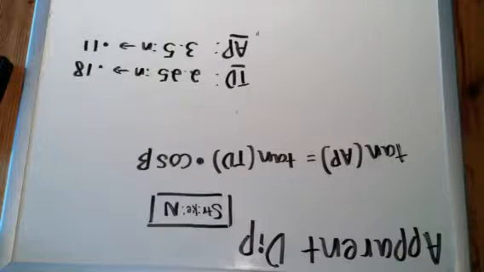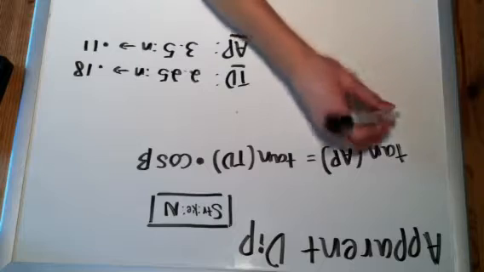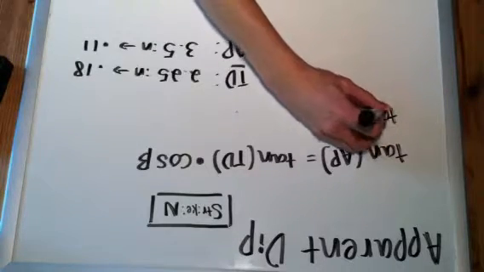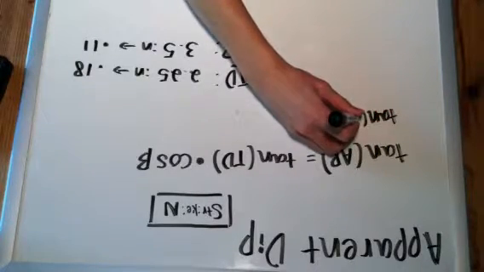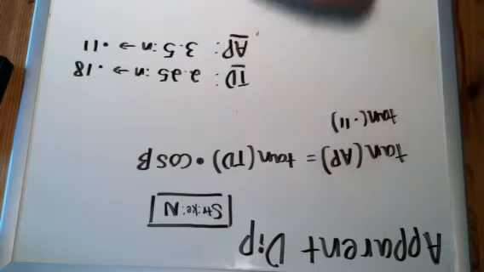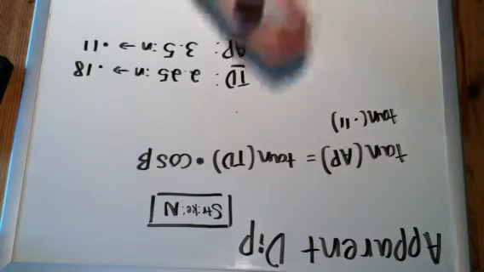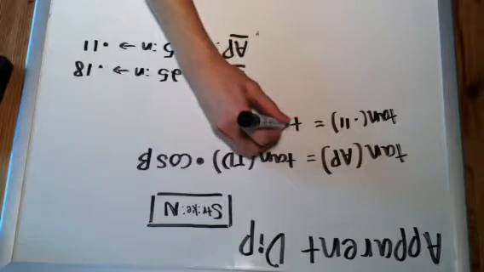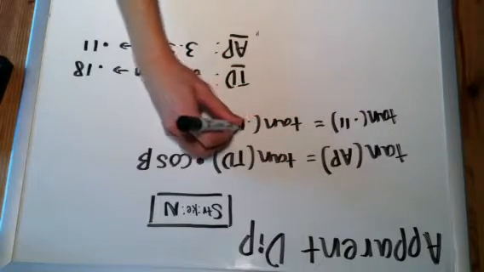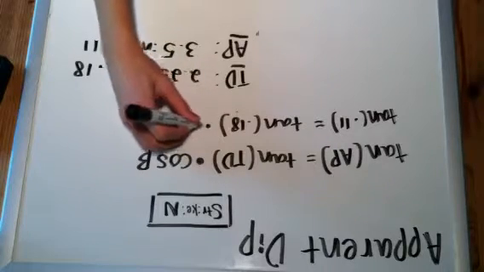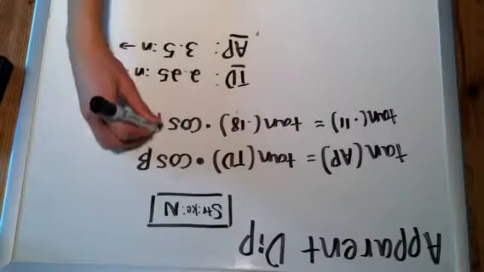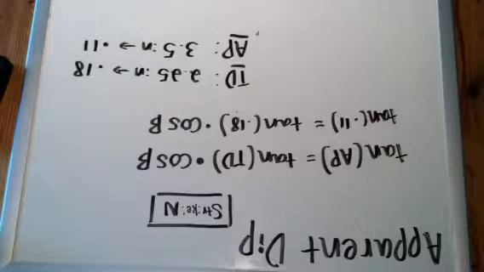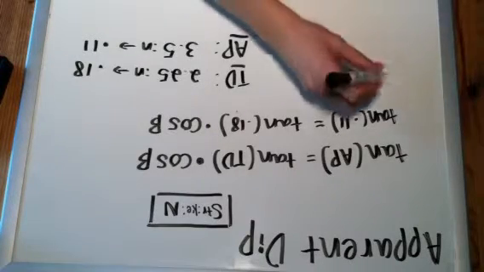Okay, so this is just plugging stuff in now. The tangent of the apparent dip, so that's a tangent of 0.11. The tangent of the true dip, that's a tangent of 0.18, and then just multiply that by the cosine of beta. So plugging this into the calculator, actually we'll do one more step.